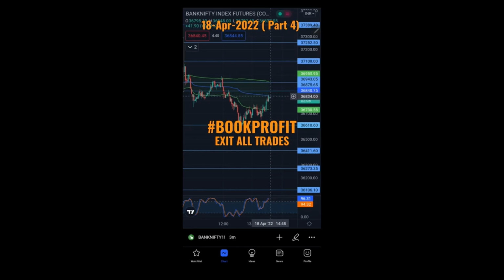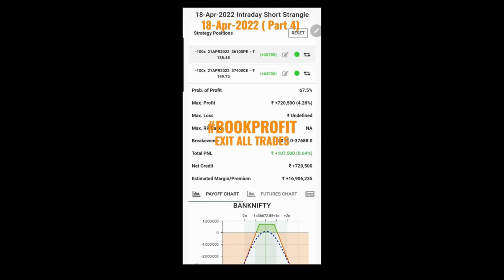It is approximately 240 right now and the market is around 36,840, approximately the level where we took our short straddle and strangle, and we are looking at a good profit. In the short strangle, at the 36,100 put we are looking at a profit of 40,750, and at the 37,400 call a profit of 64,750. In total, we are looking at a profit of 1,07,500, that is 0.64%.